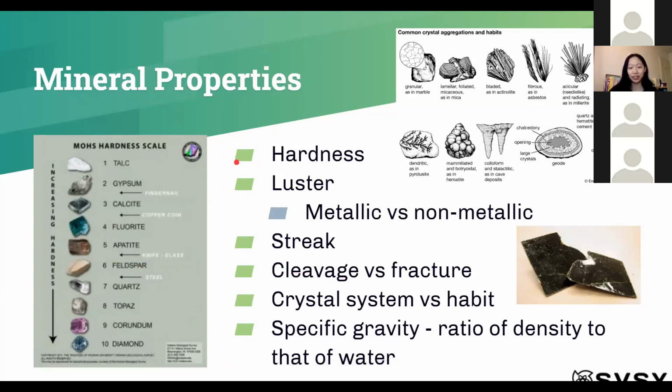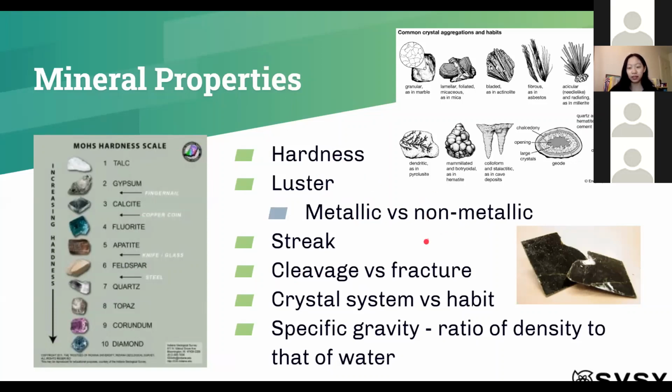Okay, so first I'll talk about luster. That's basically how the mineral looks when you shine light on it. There's metallic and non-metallic luster. It's kind of self-explanatory: metallic minerals look shiny like metal, and non-metallic minerals don't.